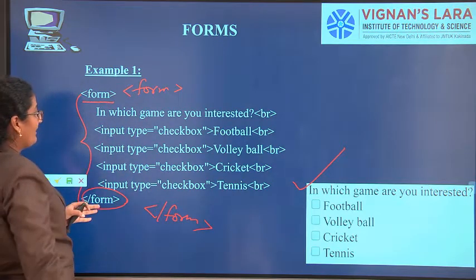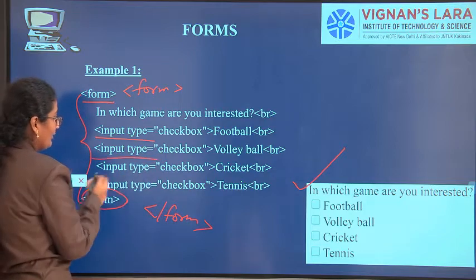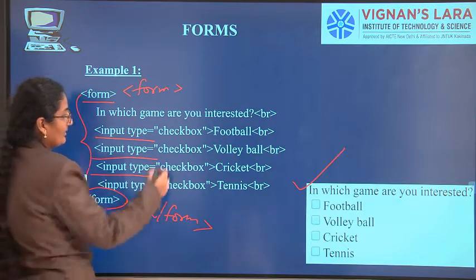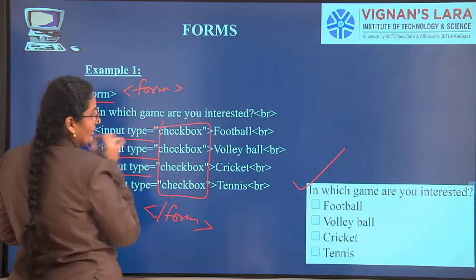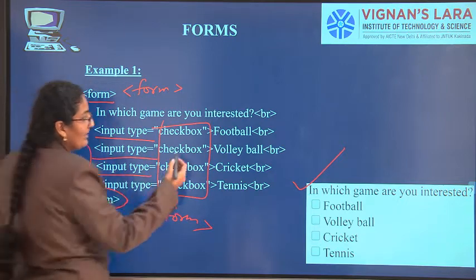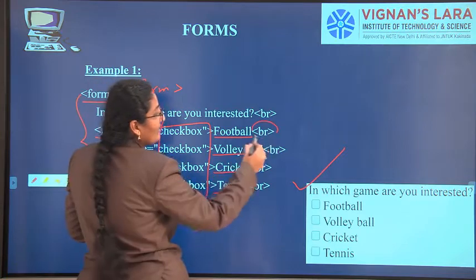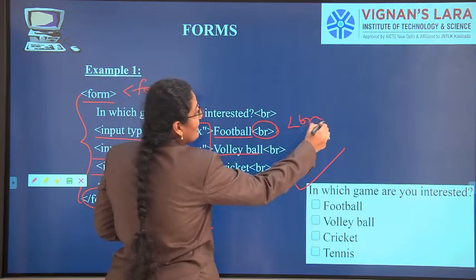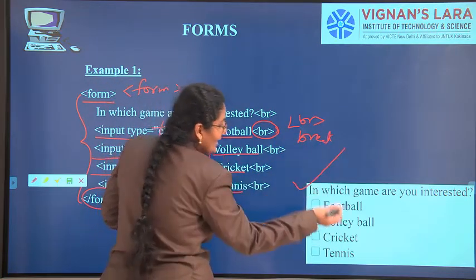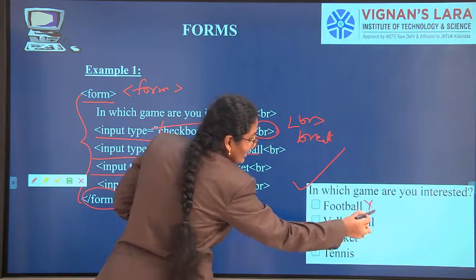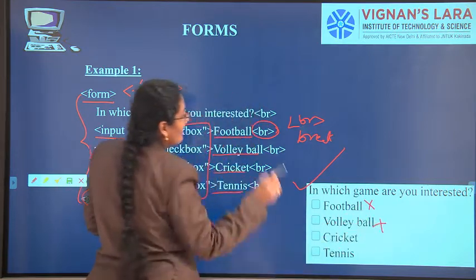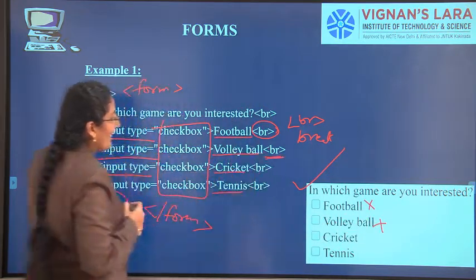What have they given in between? Input type, input type, input type. What is the input type? All are checkboxes only. So what should it display? Football, volleyball, cricket, tennis. So BR, why are we using BR? BR is the break tag. After football you need a break. After volleyball you need a break. For giving a break we are using the BR tag.